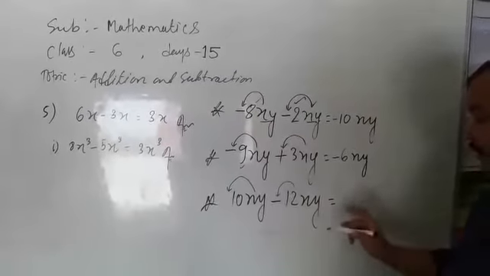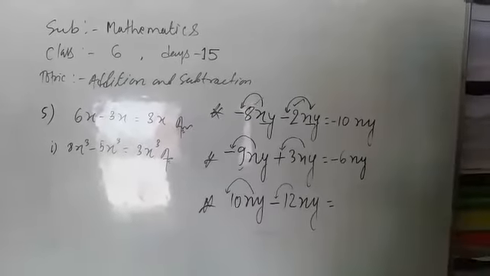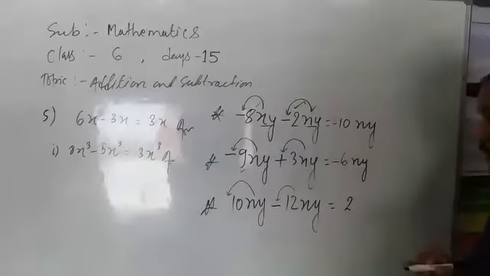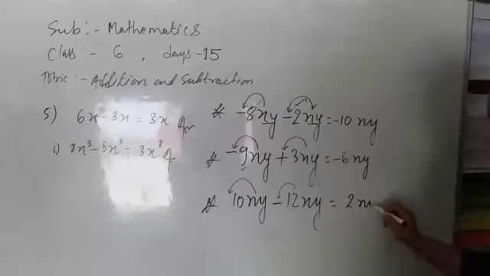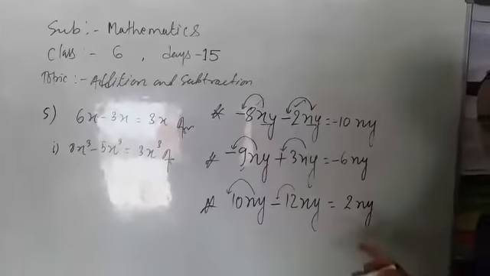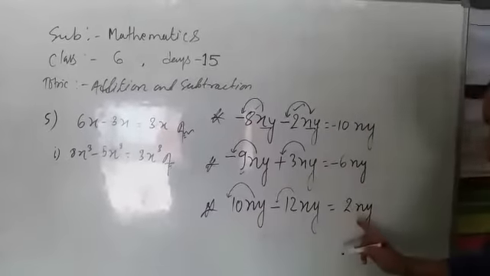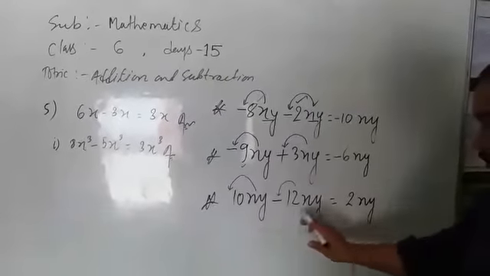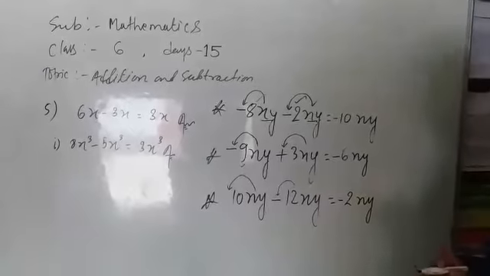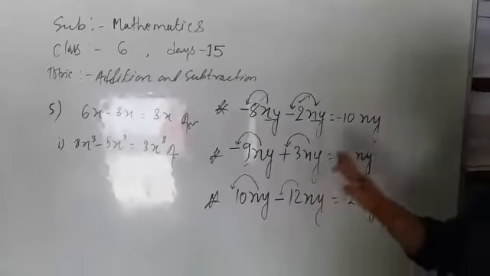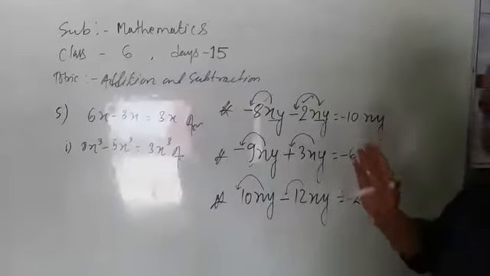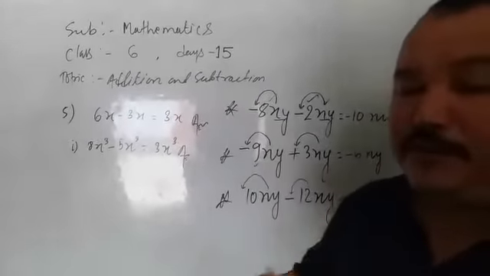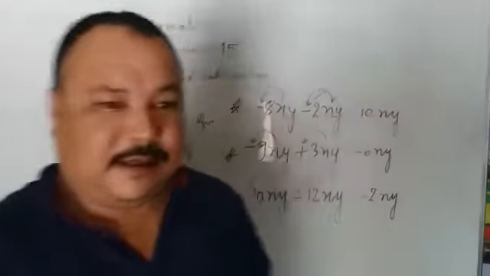Its difference is the greatest term 12 minus the smallest term 10, so the difference is 2. 12 minus 10 is equal to 2, xy remains. If you write 2xy, it is wrong because that is positive 2xy. So here our answer will be minus 2xy, because the minus sign is the greatest. So when you do the difference, you keep the sign of the greater term.